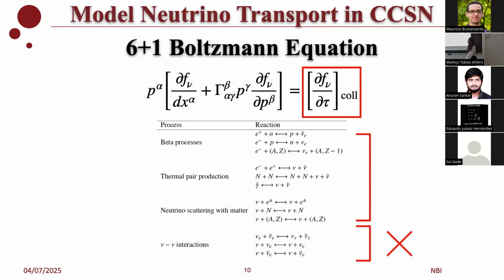Okay, so yesterday you saw how we can simplify this 7-dimensional neutrino transport problem by assuming, for example, spherical symmetry to reduce the dimensionality and try to solve the Boltzmann equation. Today, I want to show you how to get away without solving the Boltzmann equation at all.